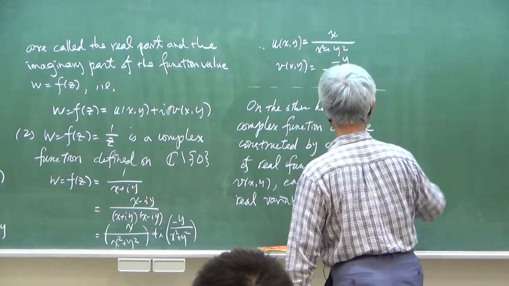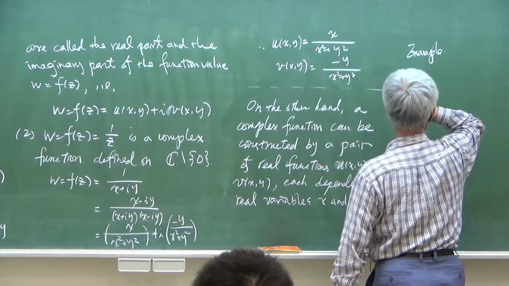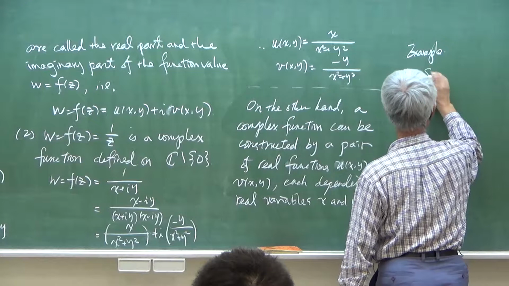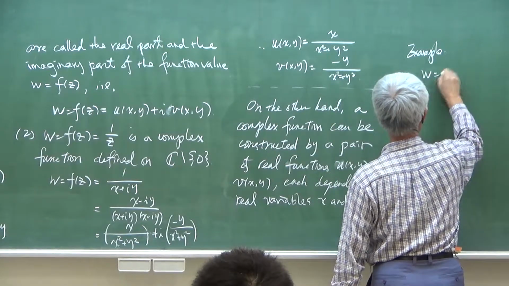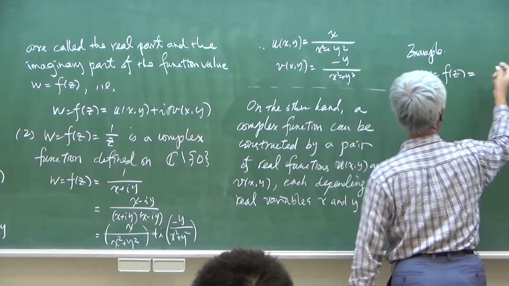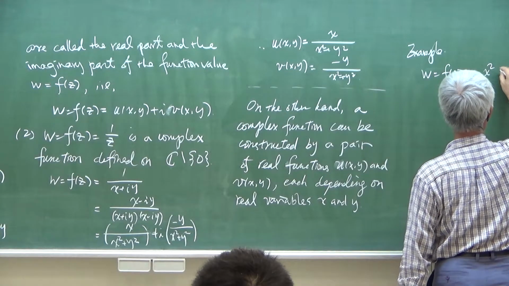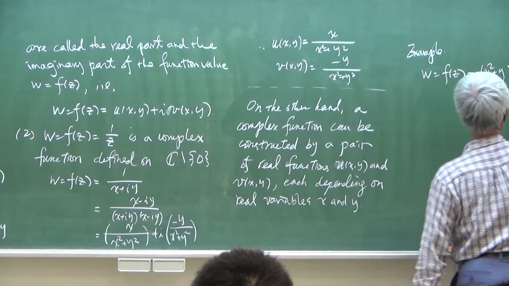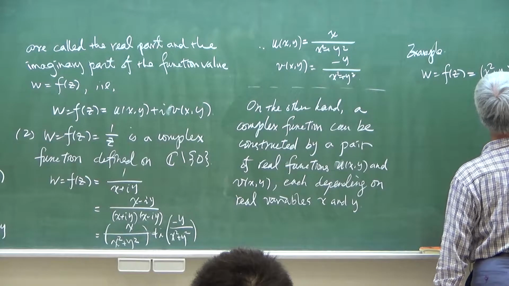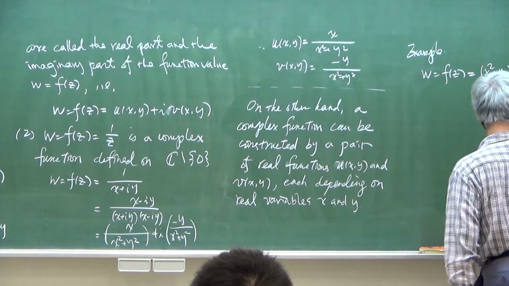Example. Suppose we want to define a complex function. We say we want to have x squared plus 1, and this is y squared.